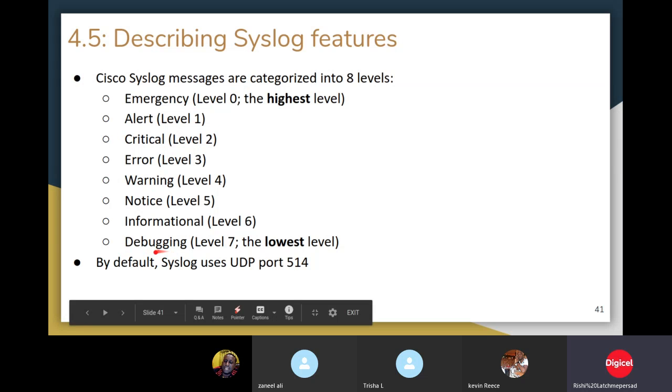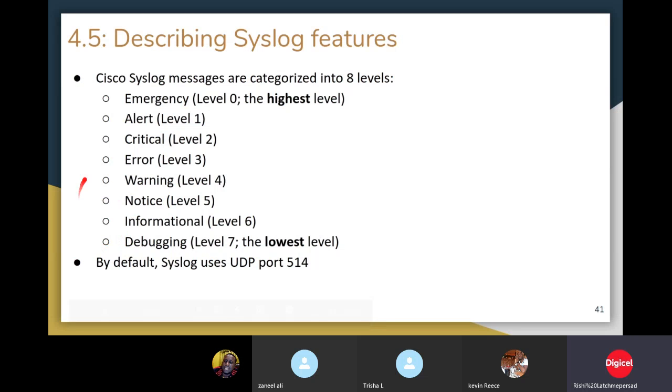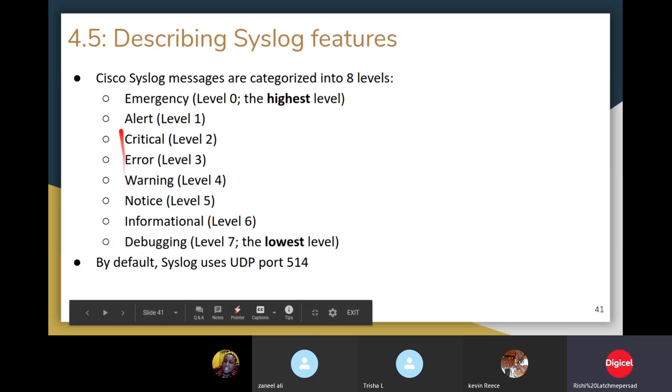If you configure level 7, you basically get everything. You get debugging messages, plus informational, plus notice, and everything up. As you go down and configure the higher numbers, the numbers kind of mix up, right? But think of it however you can remember it properly. I think of it as the lower levels.